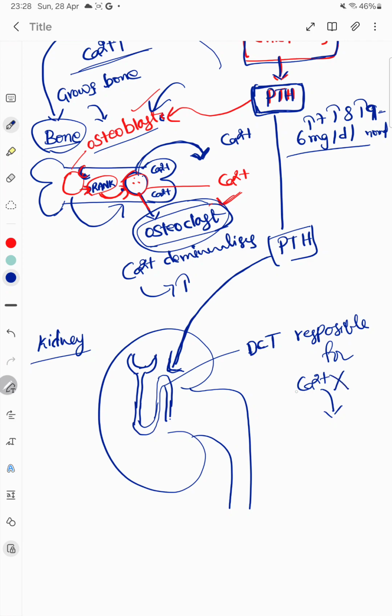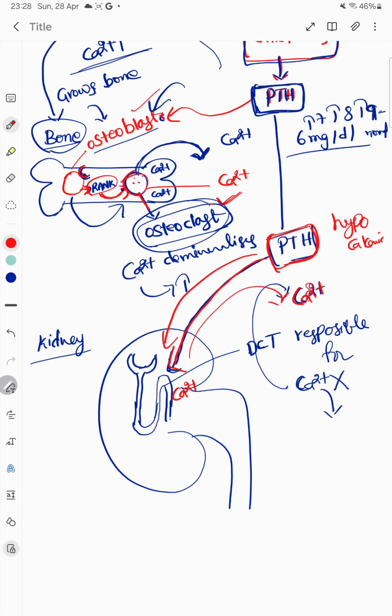Instead, this excreted calcium will be directed back to the blood, which means parathyroid hormone is promoting the reabsorption of excreted calcium back into the blood. So whenever you are in a hypocalcemic condition, PTH will act on the kidney and reabsorb the excretable calcium back into the blood.